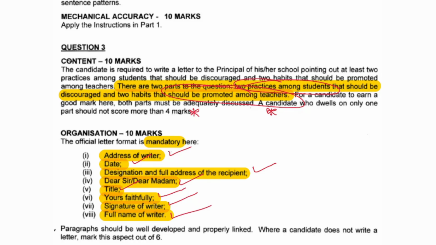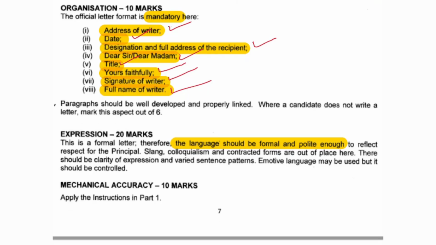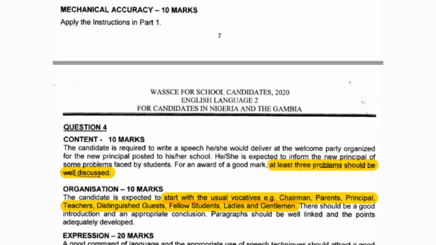Without this being there, you are going to lose marks in your organization. Of course, for all the essay writing, you should develop your paragraph well and link them appropriately. Okay, so in expression, again, since it is formal, the language should be formal and polite because you are writing to the principal. Okay, and for mechanical accuracy, what we have discussed before also comes into play in this particular case.